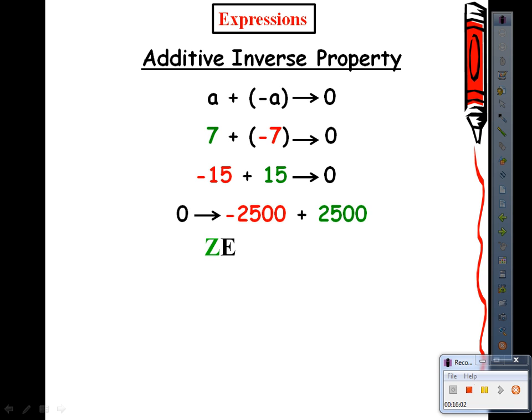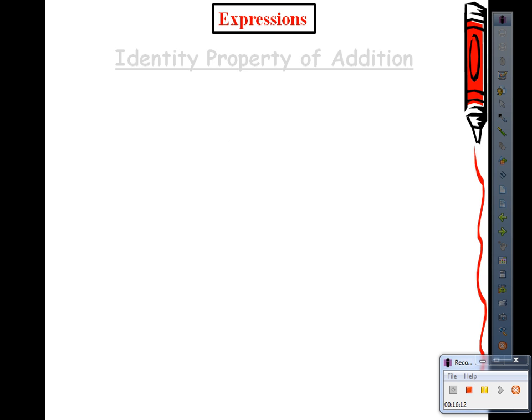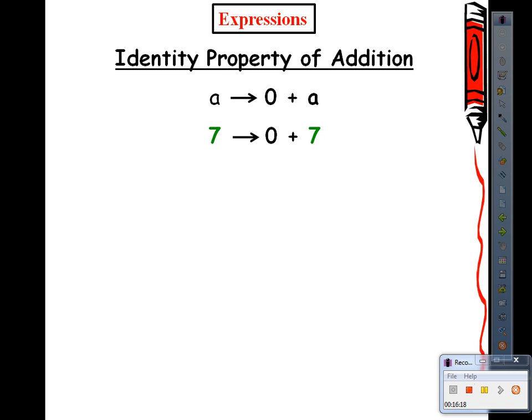So far, so good? Second property, identity property of addition. Here it goes again. All right, tell your neighbor the definition, please. All right, Omari.